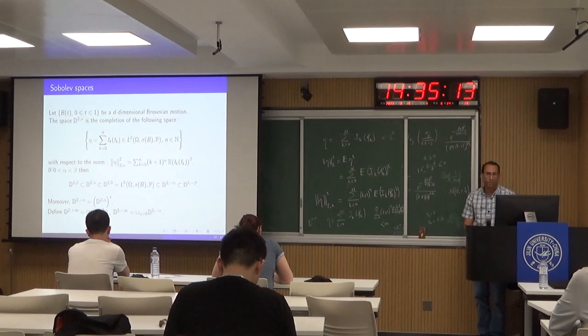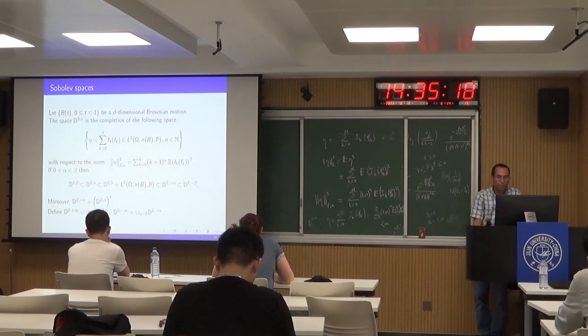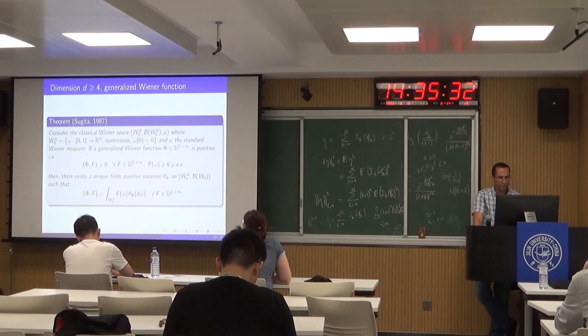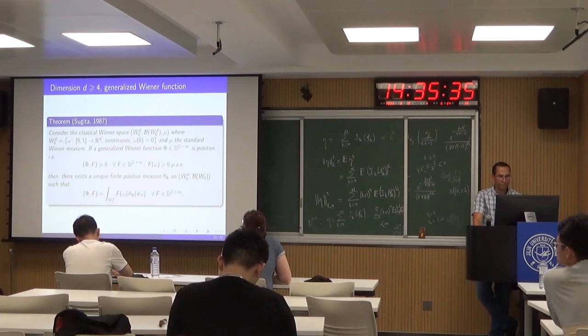So now we want to concentrate on the case when the dimension is greater or equal than 4 and we deal with something generalized, not a usual random variable. For this, we will begin by using the following theorem. So we consider the classical Wiener space. What is the classical Wiener space?